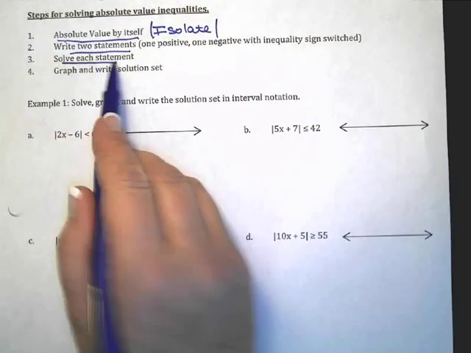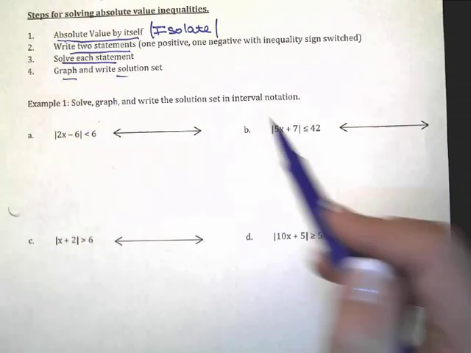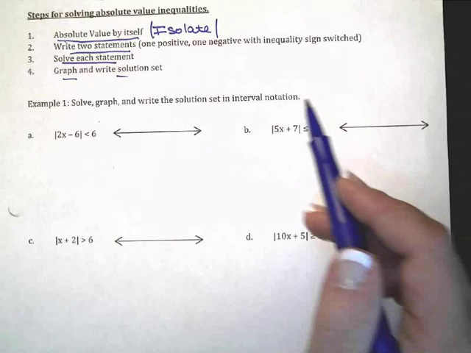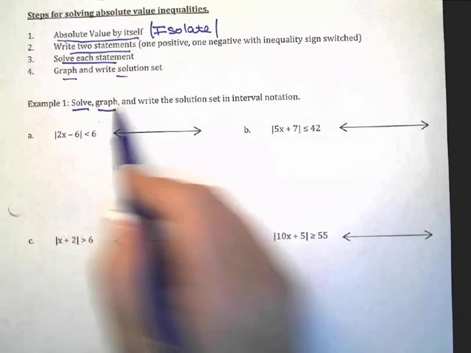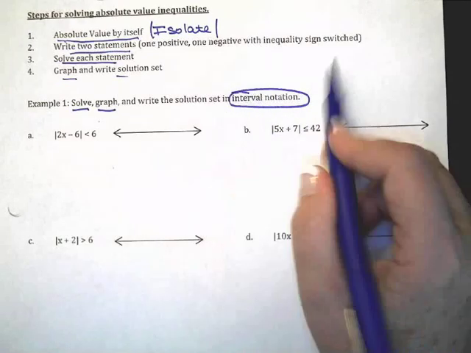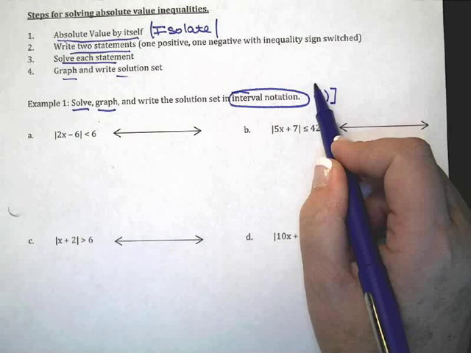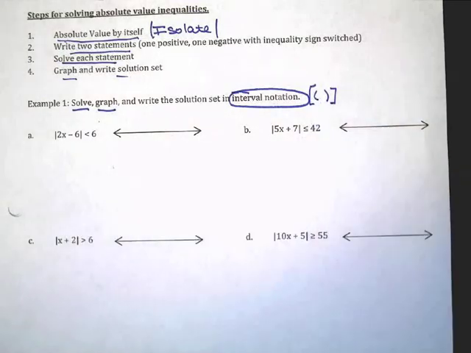We will solve each statement, and then we will graph and write our solution set. Now our examples want us to solve, graph, and write the solution set in interval notation. So remember, interval notation is with the parentheses or with the brackets. So we have a few steps that we need to go through.